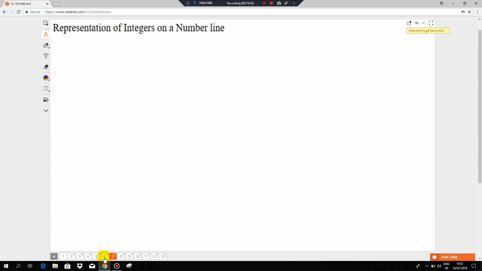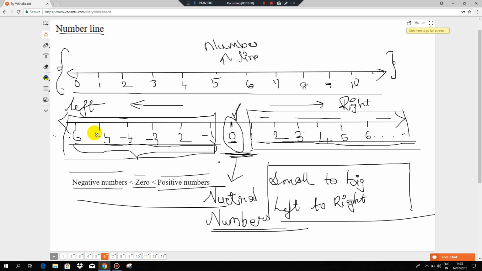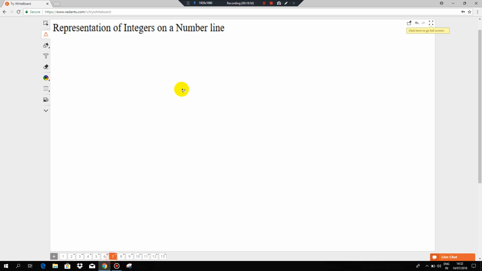We have represented them also, like this: 1, 2, like that we will represent. That is known as representation of integers on a number line. Okay, now ordering of integers. What does ordering of integers mean?